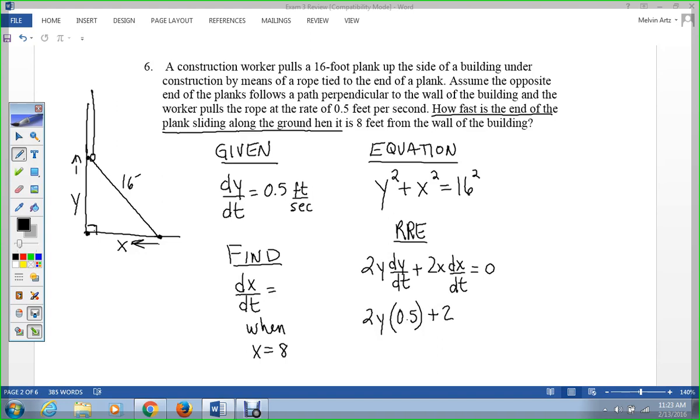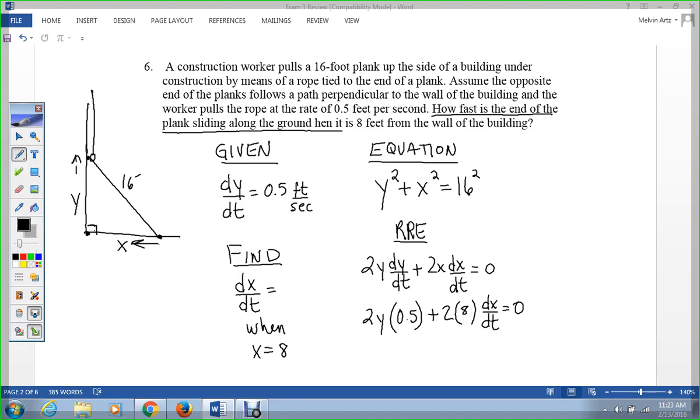Now, plus 2 times x. Now, at the instant we're trying to find dx/dt, x equals 8. So now we can plug that in. And dx/dt, that's what we're trying to find. That all equals 0. So we have to find y.